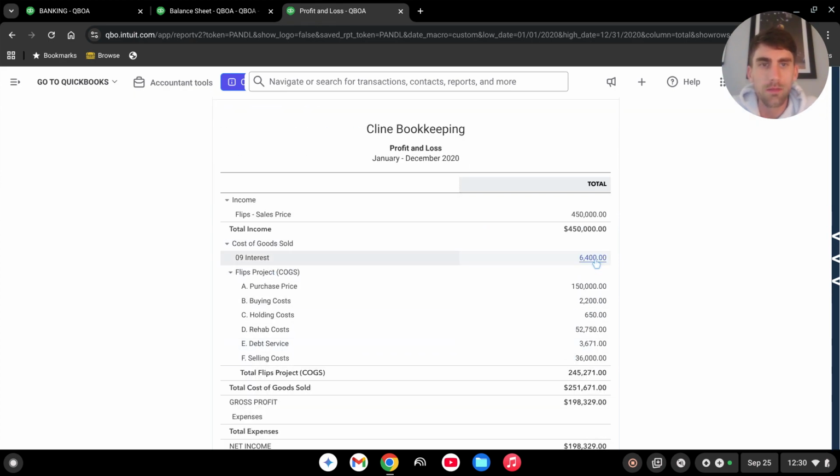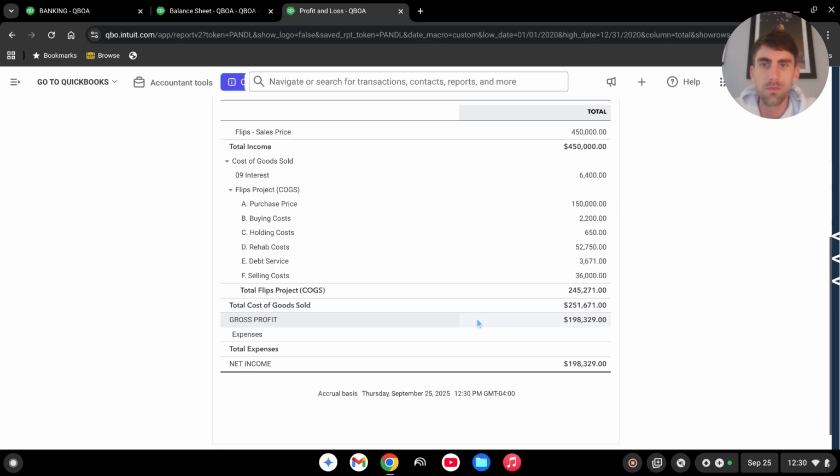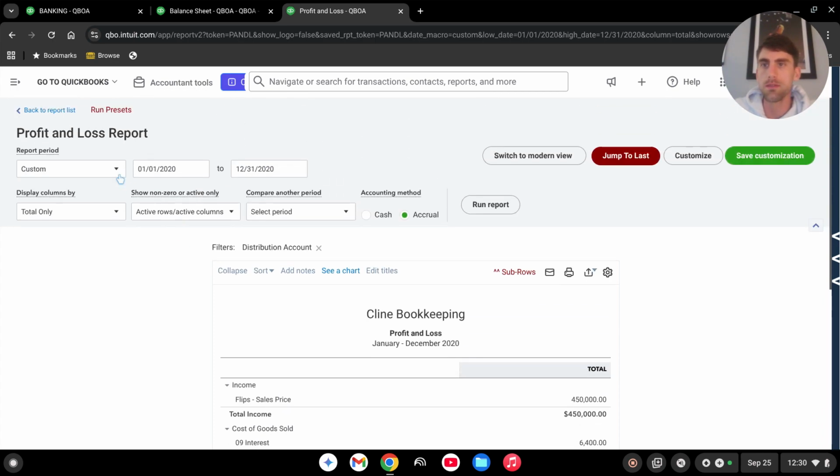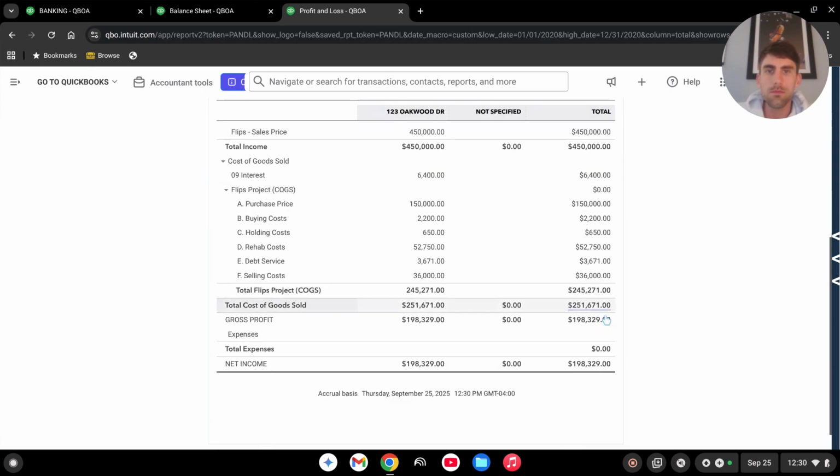And then we have the interest expense. Whether or not that goes into cost of goods sold, it's something that you just have to think about, but it will be on the profit and loss. And then when we do this by class, everything goes into 123 Oakwood, and we have our net income.